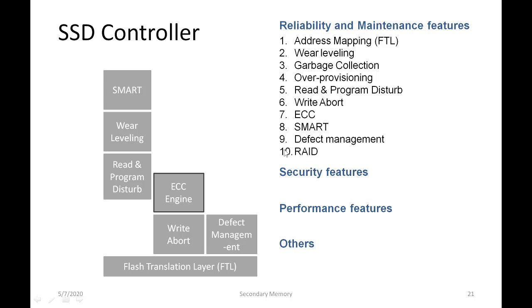And the 10th feature is RAID. RAID is not specific to SSDs, but it has been there even in the traditional storage systems. Following that, there will most likely be an encryption and decryption engine, a separate hardware for protection of data.